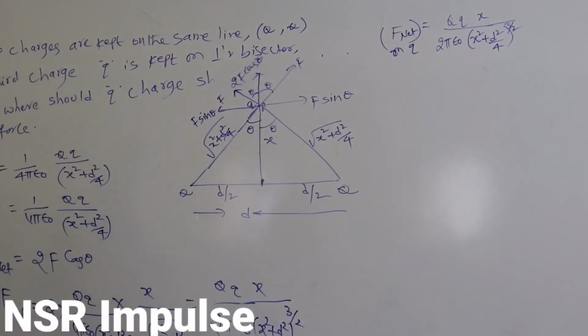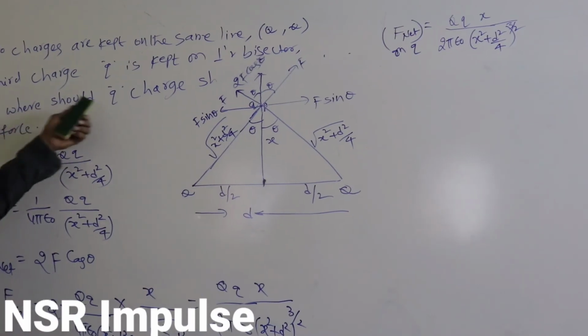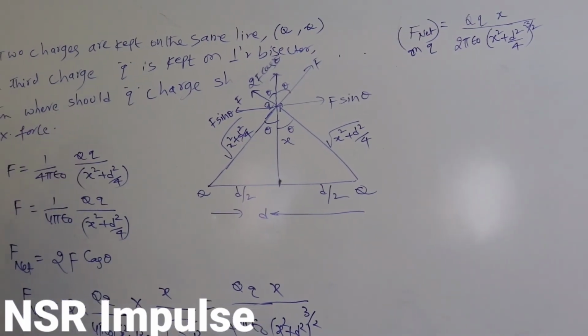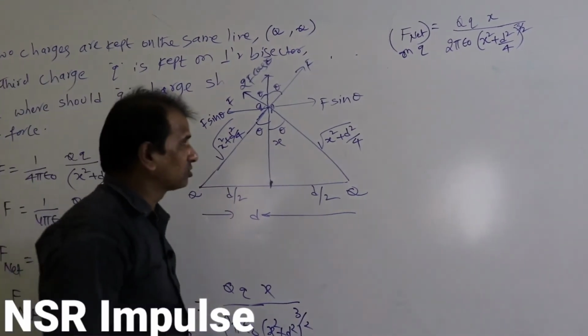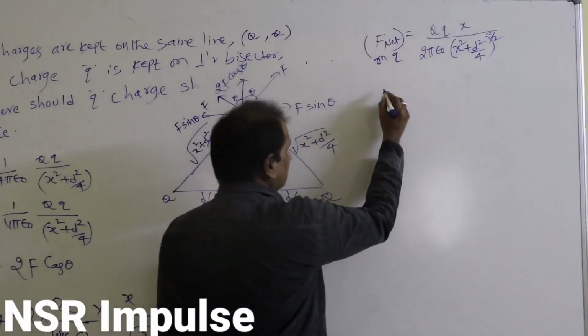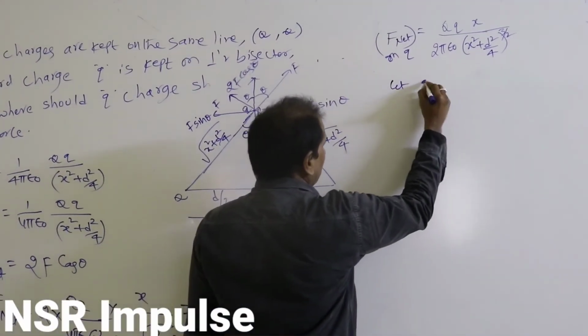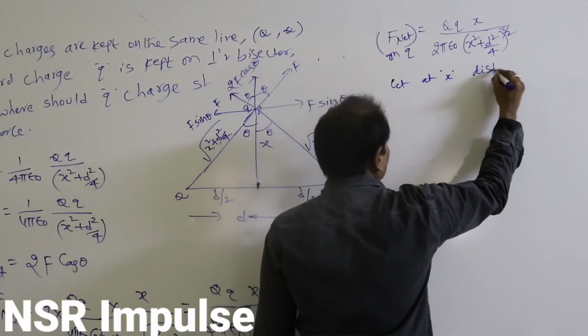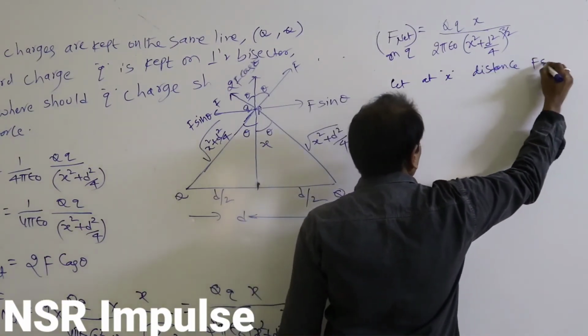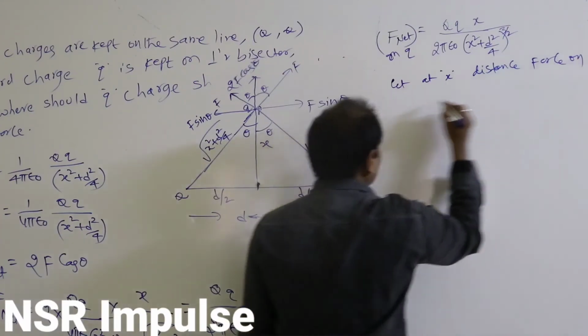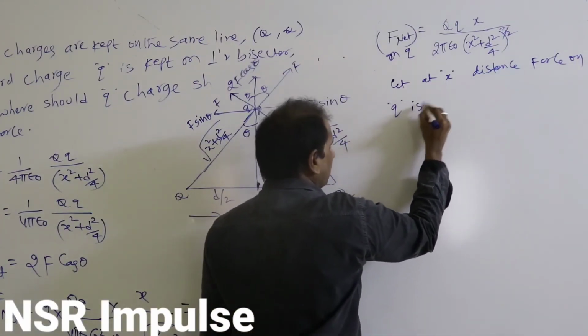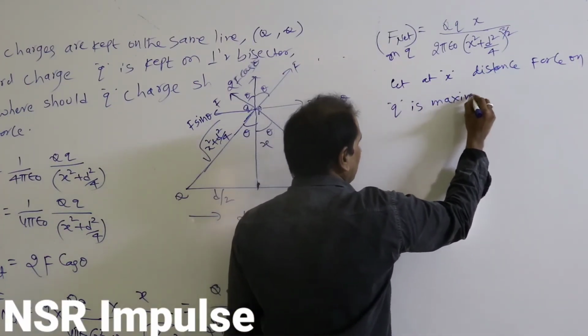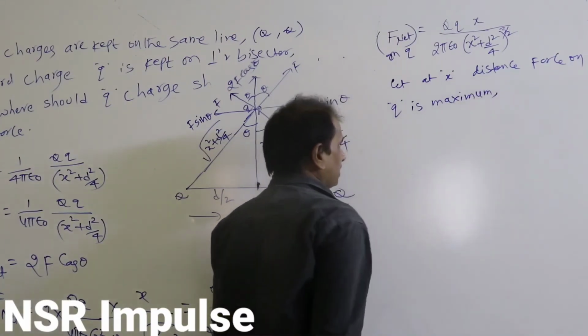The question asked in the problem is, where should we keep the charge Q to have the maximum force? So let us consider, at x distance, force on Q is maximum.